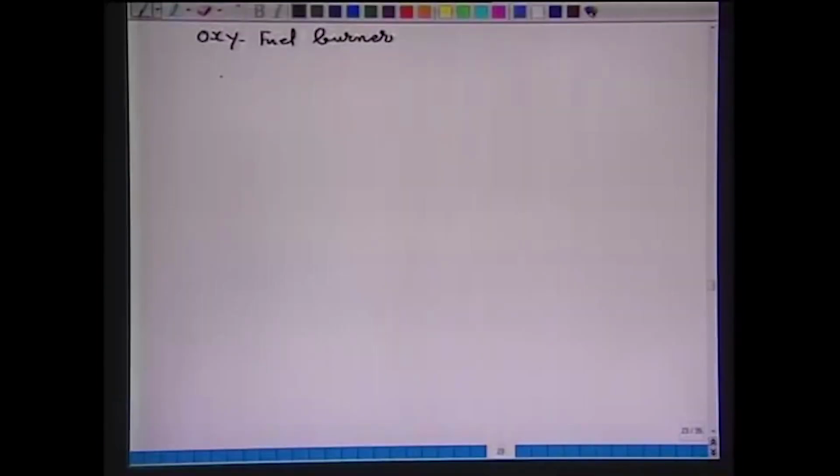Now, typically industrial practice wants around 0.133 megawatt of burner rating to be supplied per ton of EAF capacity. Now, there are several other estimates.